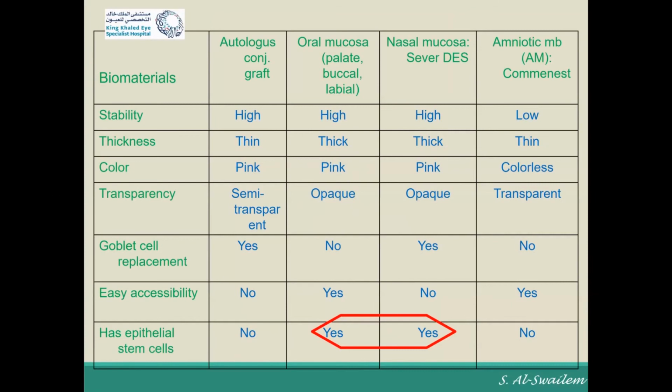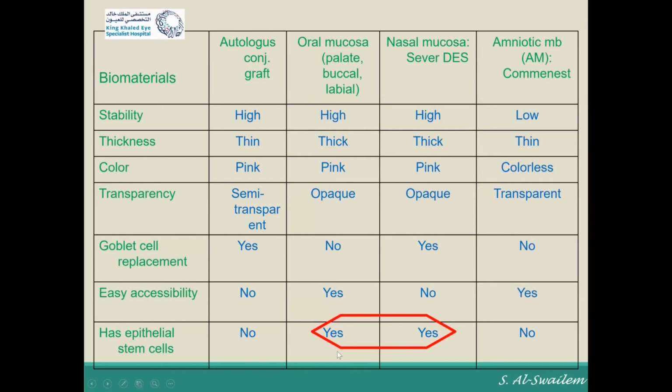at that time. Another way is, just to summarize all these biomaterials: autologous conjunctiva, oral mucosa or nasal mucosa, amniotic membrane. There are a lot of different features that differentiate each one of them. However, I need to really know that none of them can replace limbal stem cells except the oral mucosa and nasal mucosa.